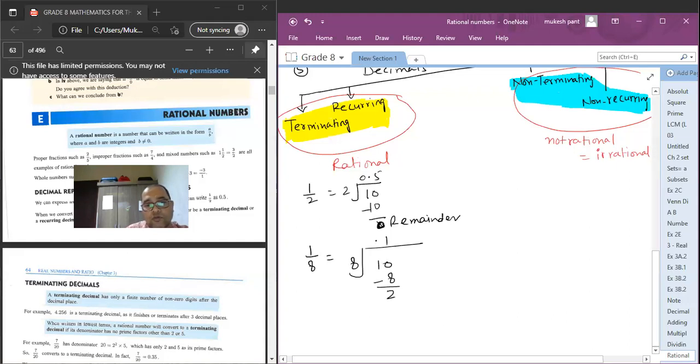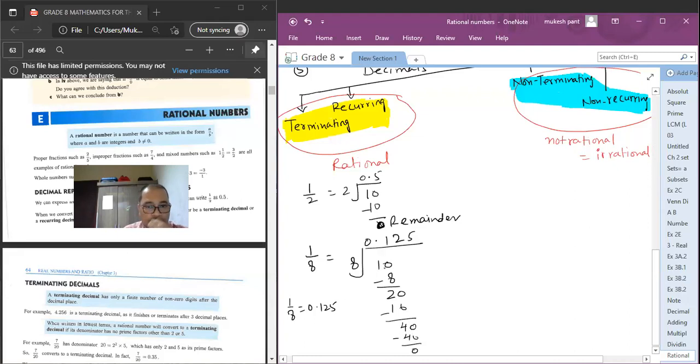Decimal is already there, so you put one more 0. 8 times 2 is 16, then 4 is the remainder. You add another 0, so 8 times 5 is 40. The remainder is 0. So 1/8 means 0.125, and at the third step we get remainder 0.